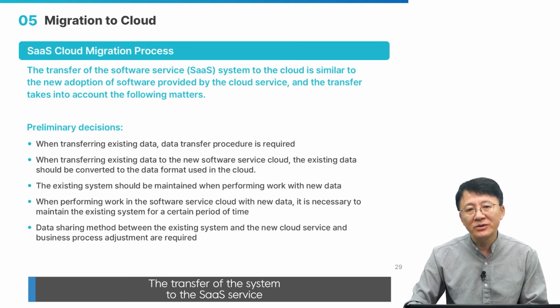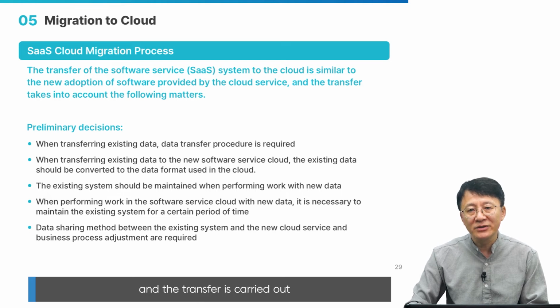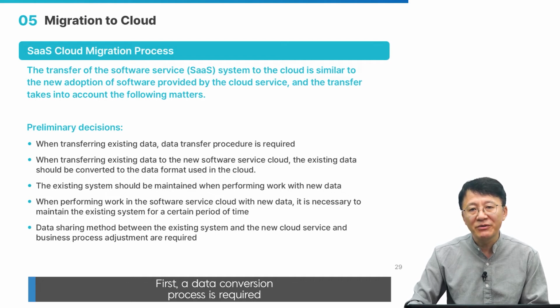The transfer of the system to the SaaS service is similar to the new introduction of software provided by the cloud service, and the transfer is carried out by considering the following methods. First, the data conversion process is required when transferring existing data.